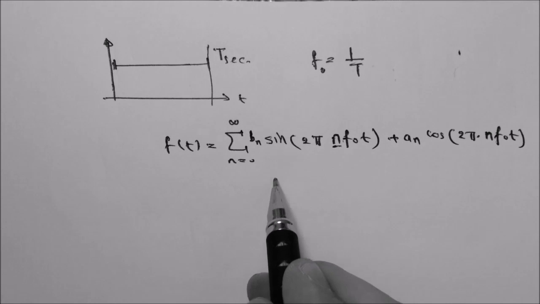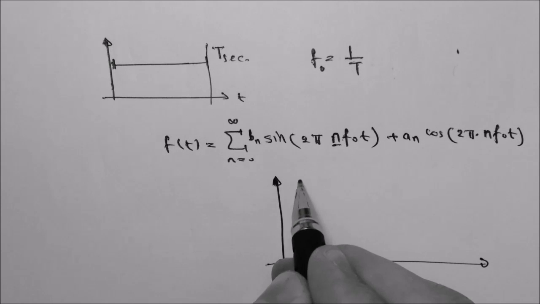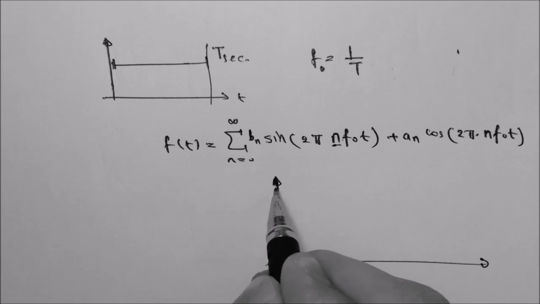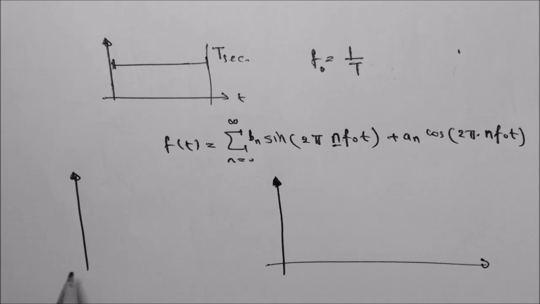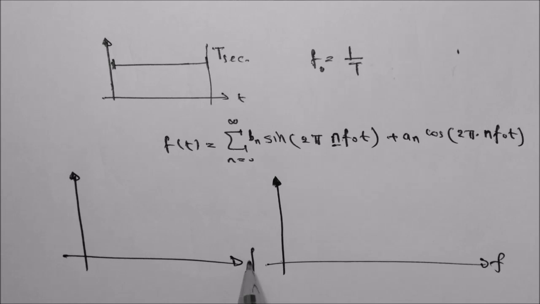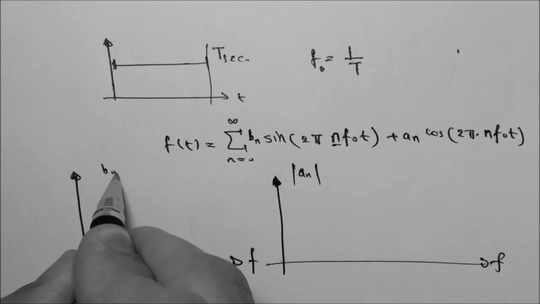So its spectrum will be as follows. Let the spectrum include the magnitudes of the sinusoidal components only, and another one that includes the magnitudes of the cosinusoidal components. So if this is the frequency axis, we have an and bn.